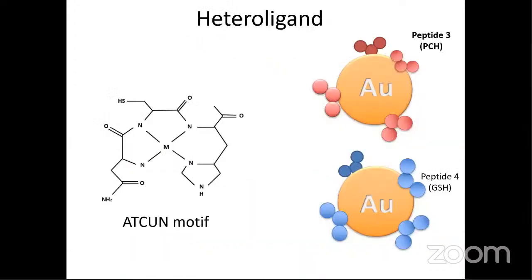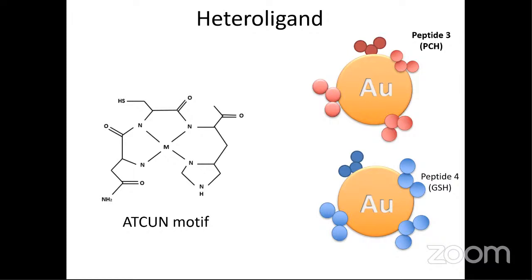The design of the tripeptide is based on the ATCUN motif, where lone pair electrons from 4 nitrogens in the middle will be used to trap the metal ion, and the thiol group from the middle cysteine will be used to anchor the bonding between peptide and gold nanoparticle.